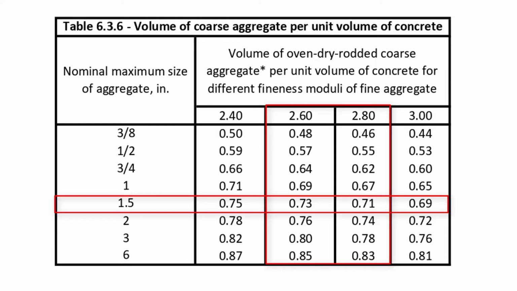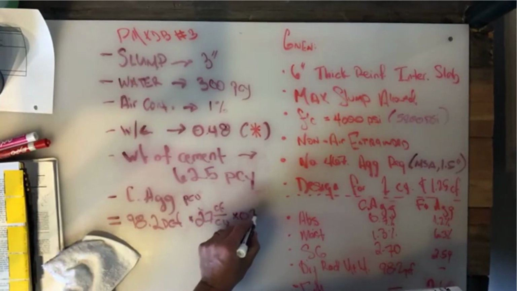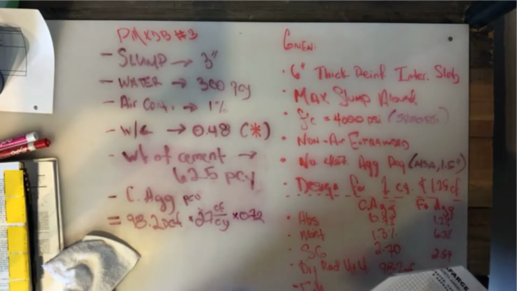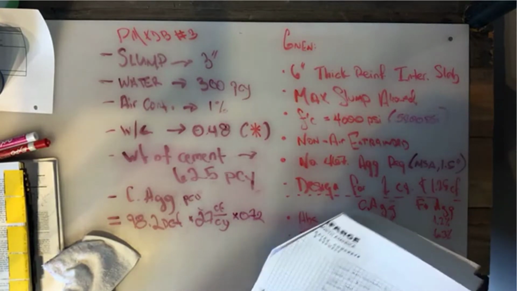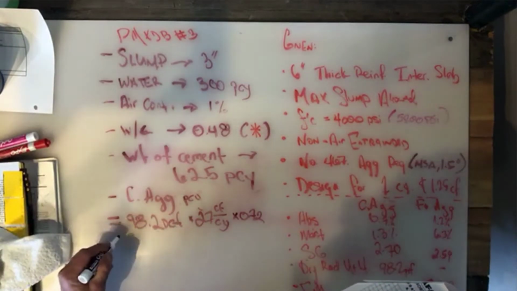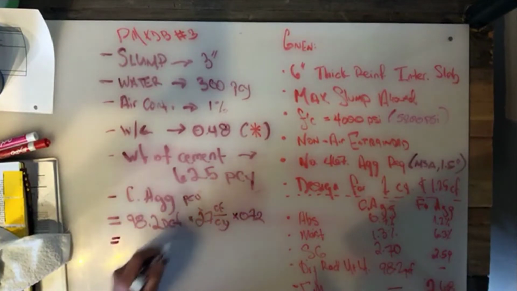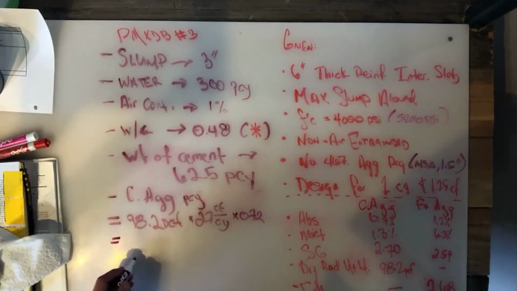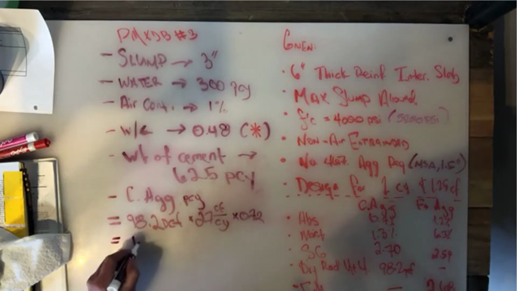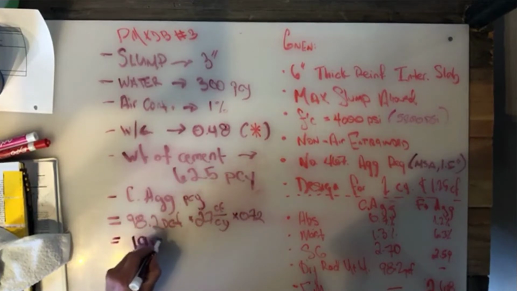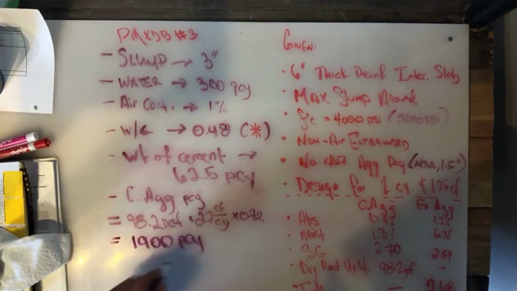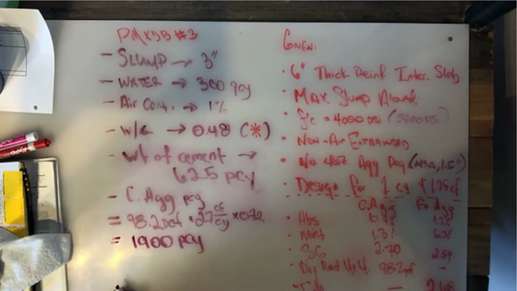I'm between 0.73 and 0.71, and 2.68 is closer to 2.7 than it is to 2.8 or 2.6, so I can use 0.72, split the difference there, and in doing so, it gives me a coarse aggregate content per cubic yard of 1,909 pounds. I'm just going to round that down to 1,900 pounds per cubic yard.